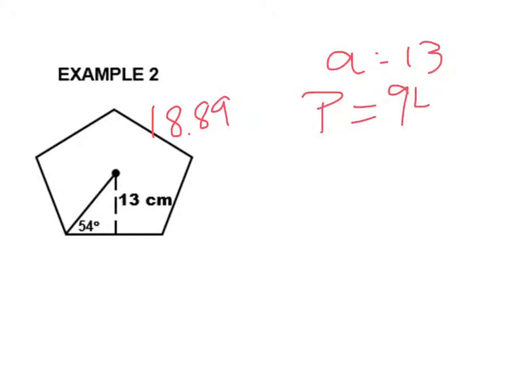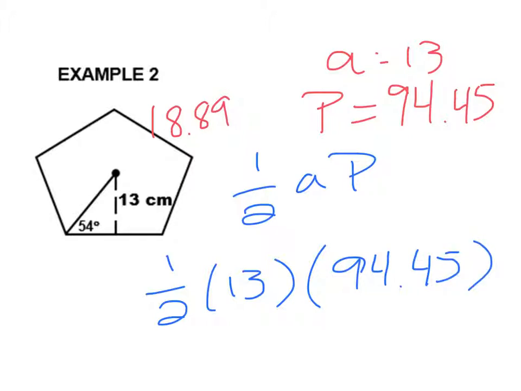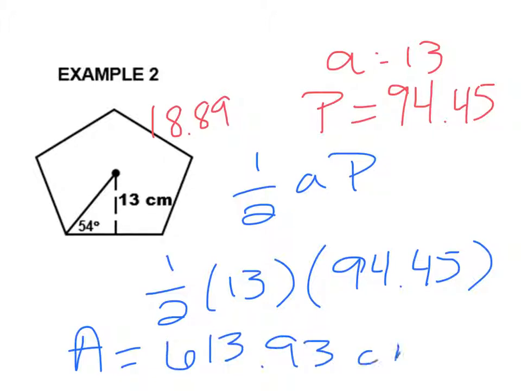And that's 94.45 centimeters. Now all we have to do is plug it in to our formula. 1/2 of the apothem, which is 13, times the perimeter, which is 94.45. You plug that in, and you get the area of that regular pentagon is 613.93 centimeters squared.